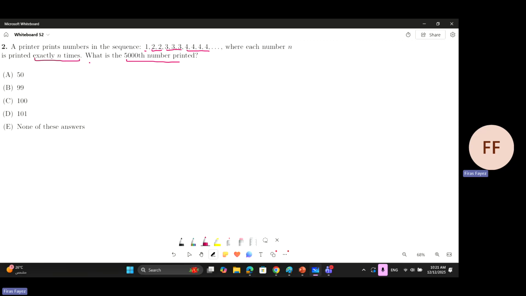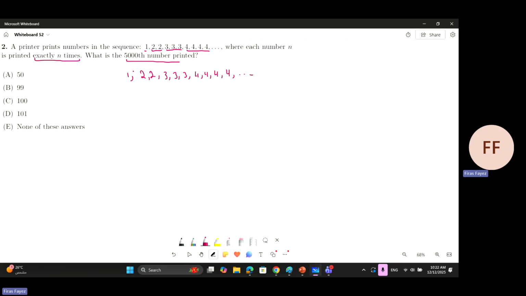So the sequence is given as 1, 2, 2, 3, 3, 3, 4, 4, 4, 4, and so on, where each number n appears exactly n times.